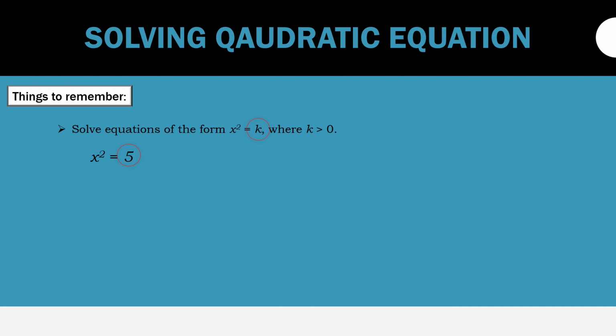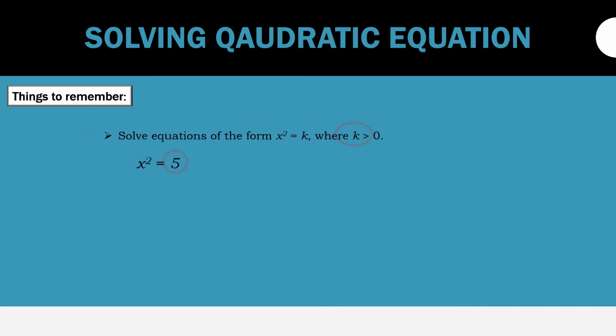Equal to k, meaning k is any real number. Okay? So it is equal to 5, meaning, okay. The question is, since your k is 5, is k greater than 0?